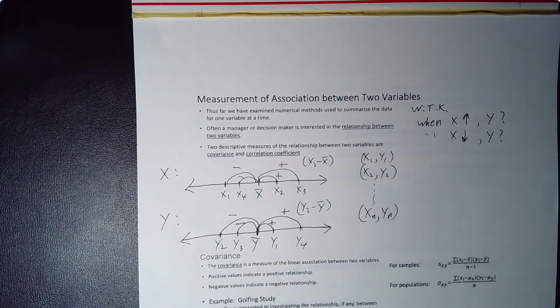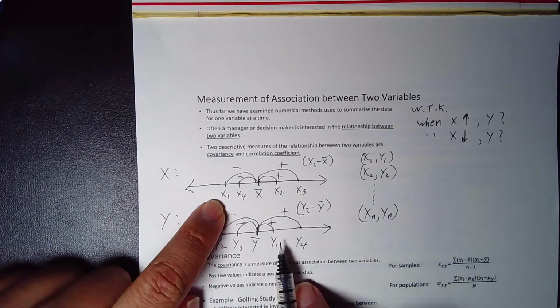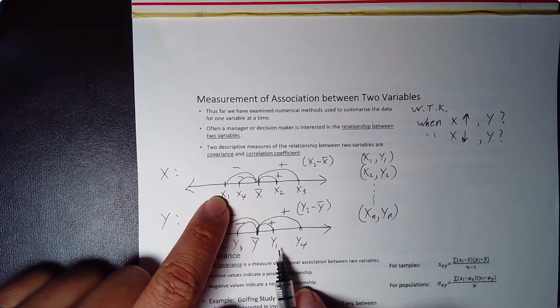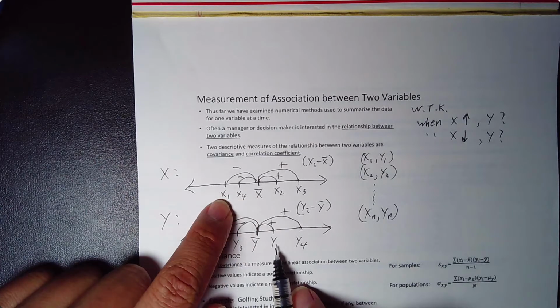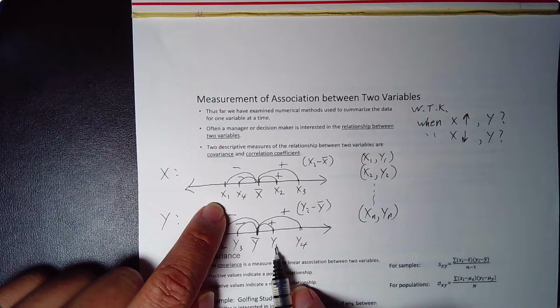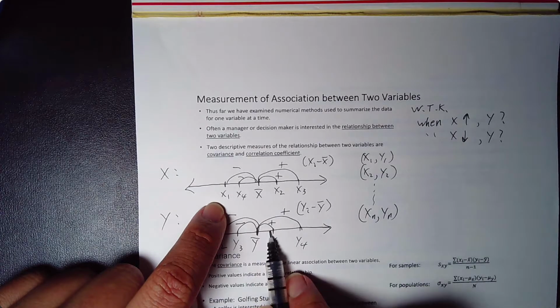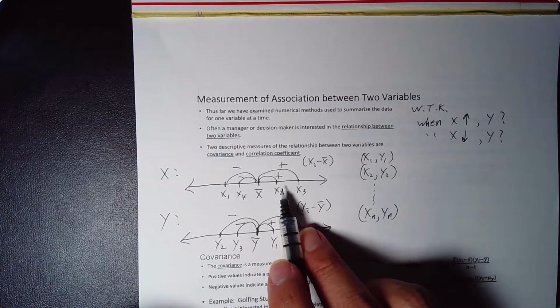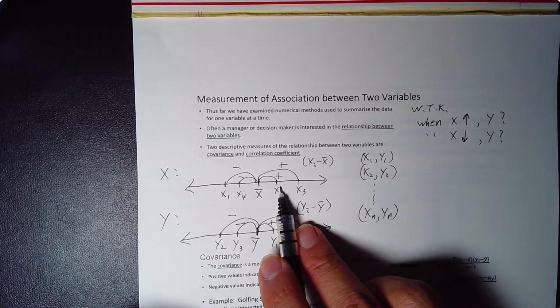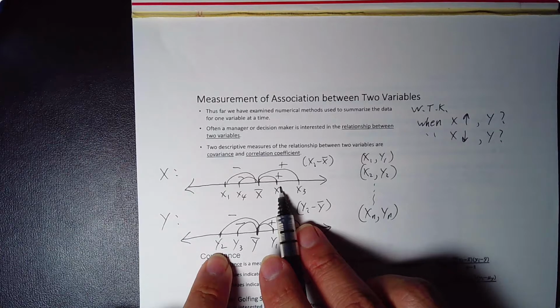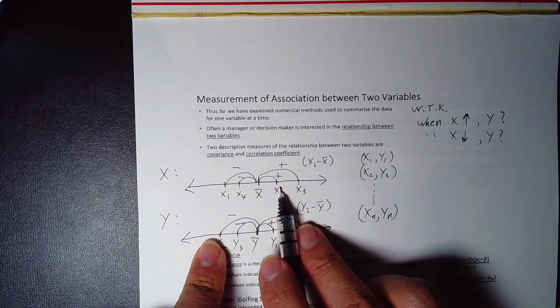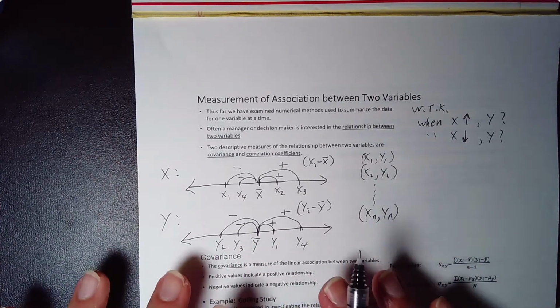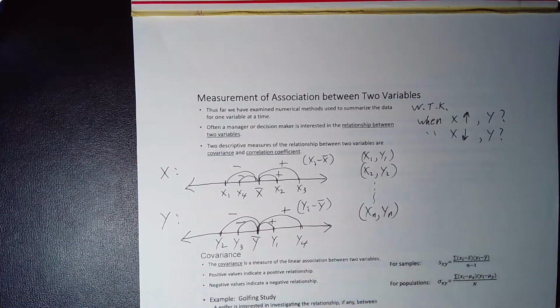Now here's the thing. Look at what happens here. When x is below x bar, y is above y bar. And when x is above x bar, y is actually below; y decreases. So if this is the data, then what we have here is a negative relationship.